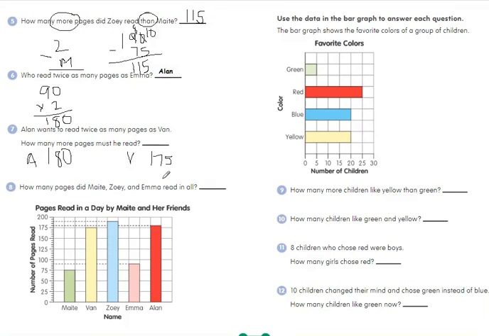So, if Alan wants to read twice as many pages as Van, then I have to take what Van read and figure out, well, what is twice as many as 175? So I'm going to add it. 7 plus 7 is 14, plus 1 is 15.